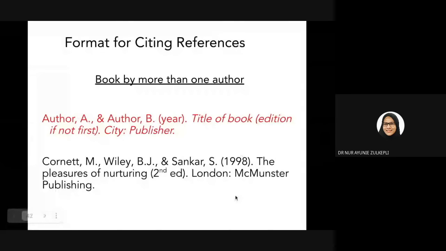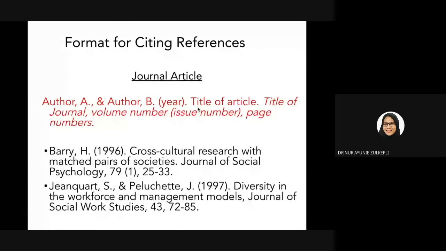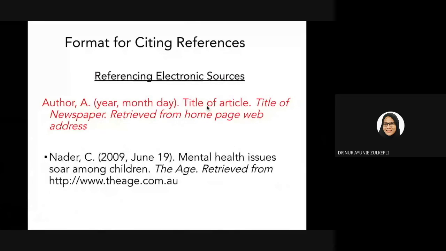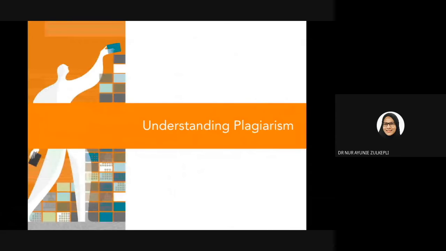You also have to know how to cite a journal article, and how to do referencing for electronic sources, like Nadir C., June 19, 2009, mental health issue among children, retrieved from this website. So if you find some interesting information from a website, you can extract the information, paraphrase it, and then cite it with a reference. Okay, that's all for citation and referencing.